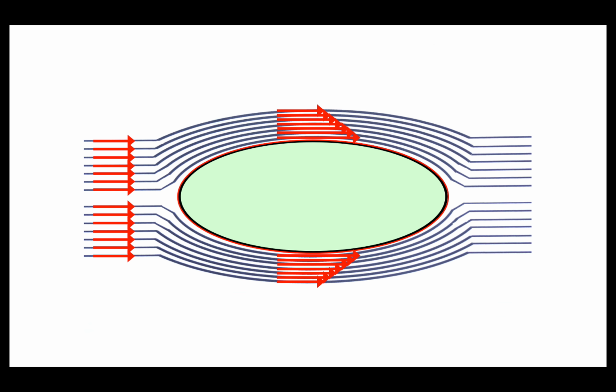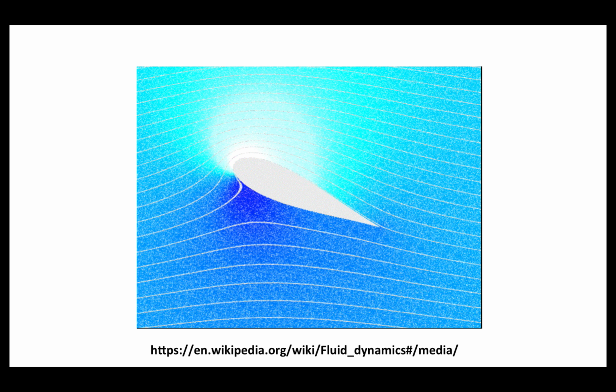In the next few slides, you'll see some computer-generated flow diagrams that show air moving in a velocity gradient around a symmetrical airfoil, which really is not that unlike the shape of a Sapim CX-Ray spoke. Here is a wonderful graphic with the reference at the bottom, and we're going to take a minute to look at this graphic in detail. The blue colors represent different levels of pressure, with the darkest blue representing the highest pressure.